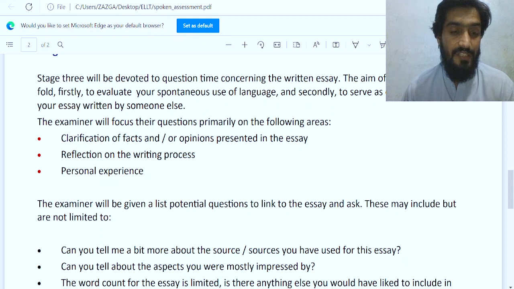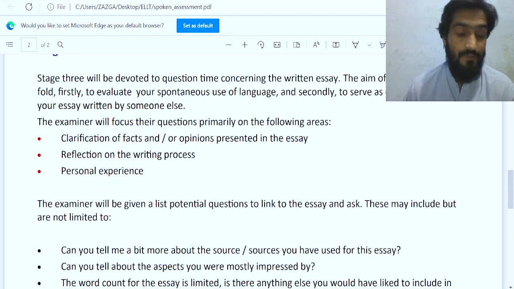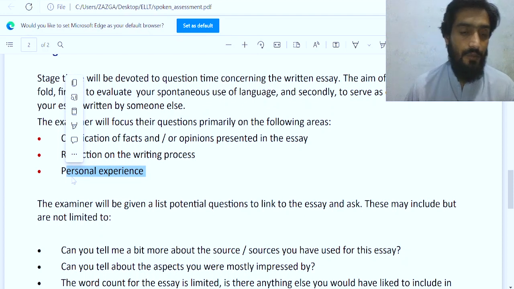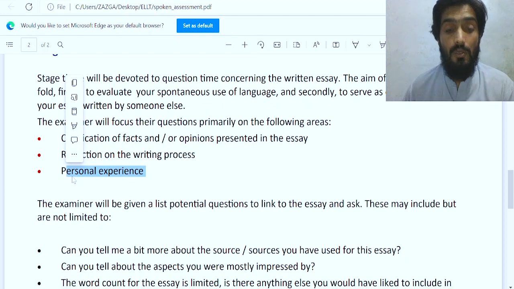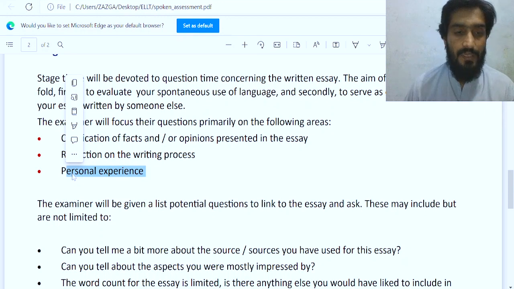Why did you write 3 paragraphs? Why did you write 1 paragraph? Why did you write 4 paragraphs? And then they might ask you some personal questions like, what do you think about this topic in your daily life, or in your country, or in your hometown? They might relate the topic to your daily life, your hometown, your country.